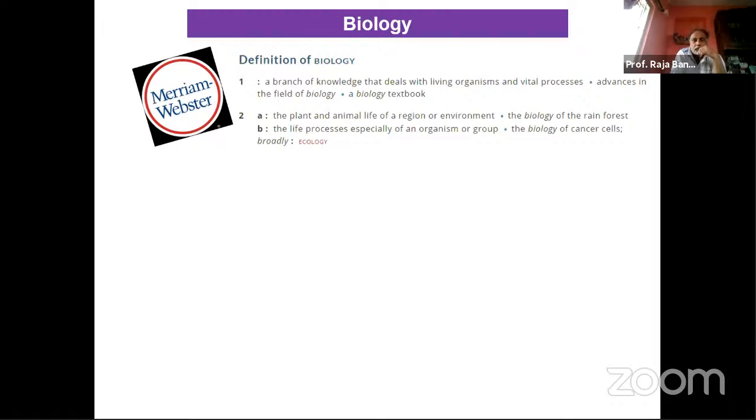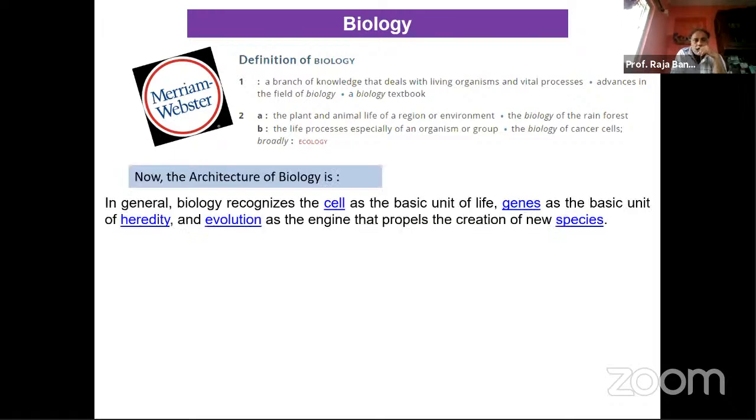If we consider the architecture of biology, the cell acts as the basic unit, genes act as the basic unit of heredity, and evolution acts as an engine that propels evolution and new species.